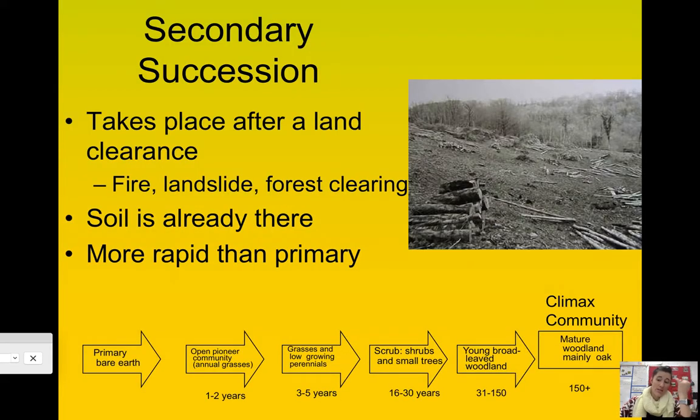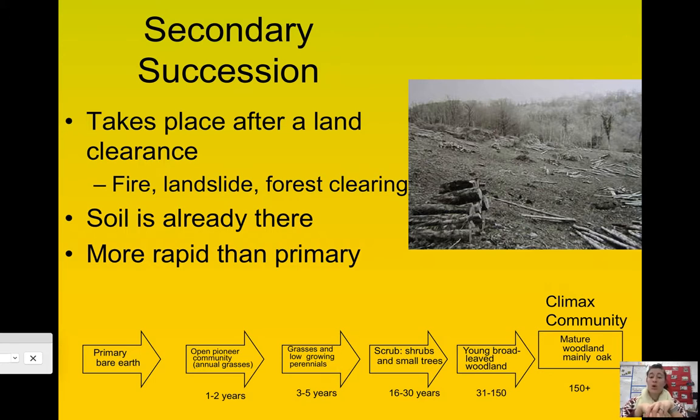So our secondary succession is when you have something to begin with and then it gets taken out, or I guess destroyed really isn't the best word for it, but it gets changed. So an example, you have a land clearance of some type, fire, landslide, a forest clearing for agriculture or housing or other human purposes.